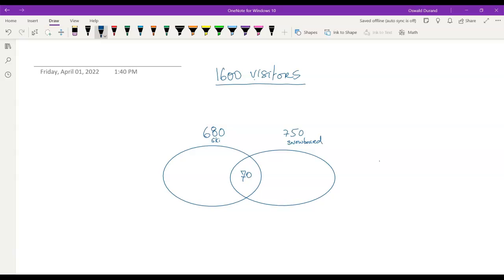So you have 1,600 visitors in that resort, right? You have 680 that are skiing, and 750 that are snowboarding, and then 70 of them are doing both, right?